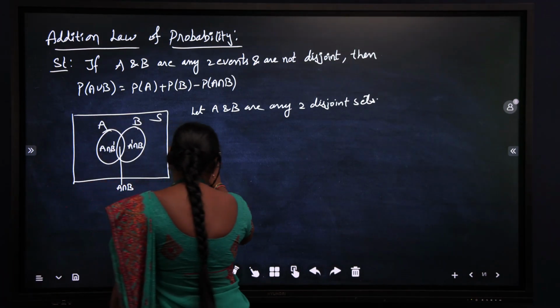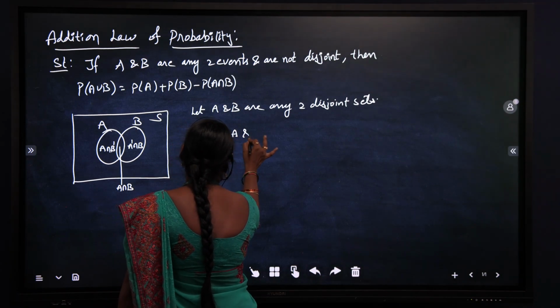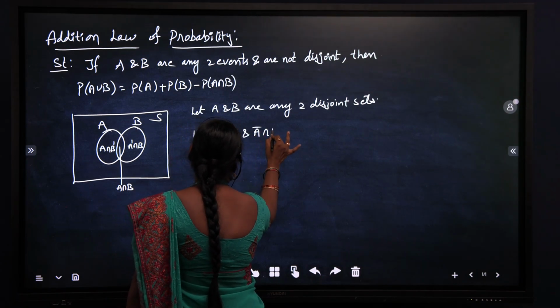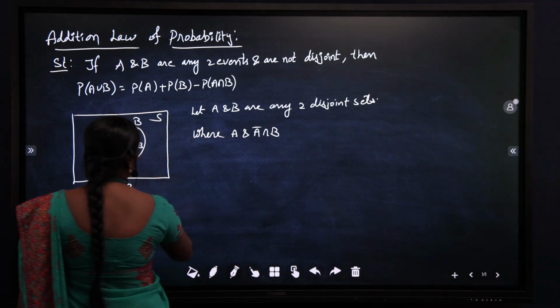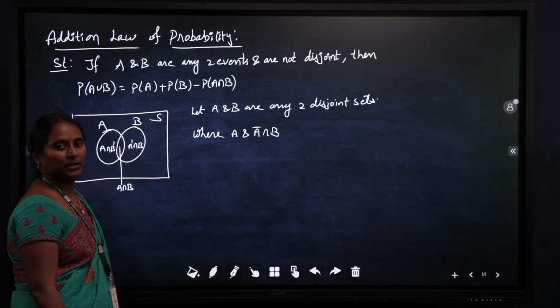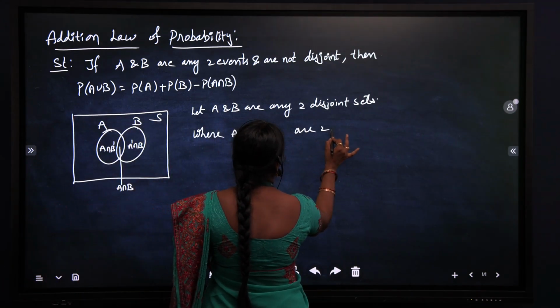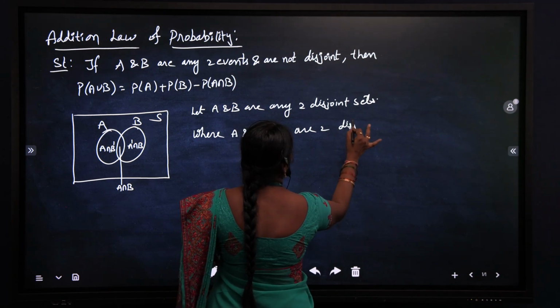Now let us see here, A and A bar intersection B are disjoint sets.